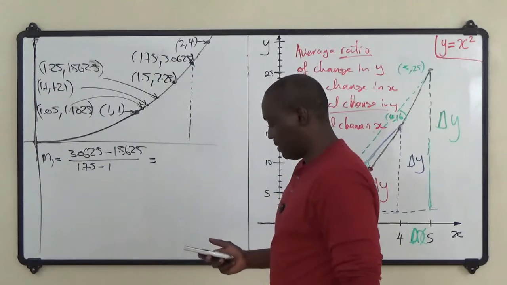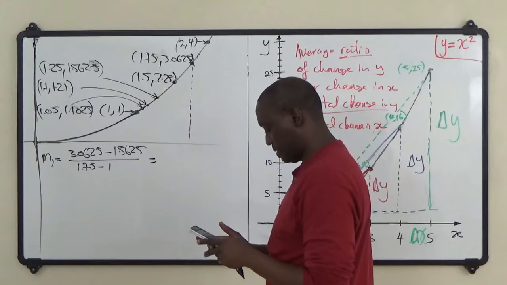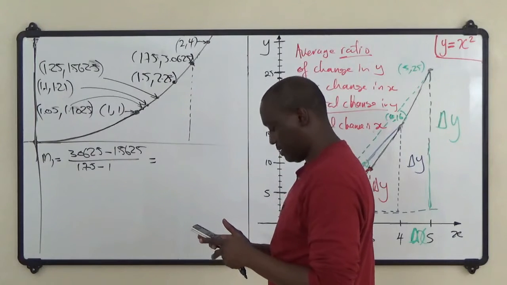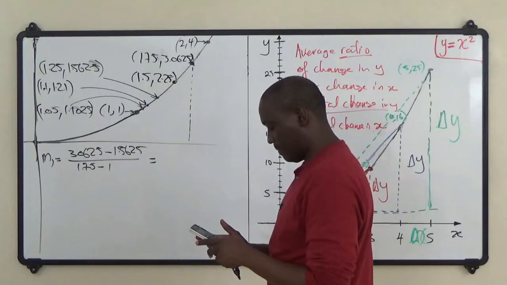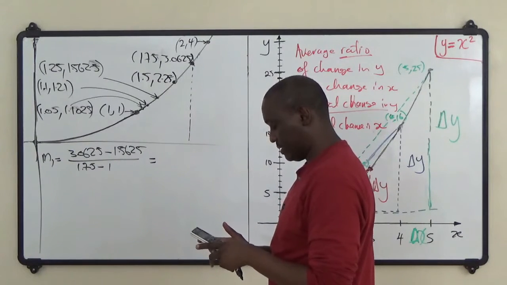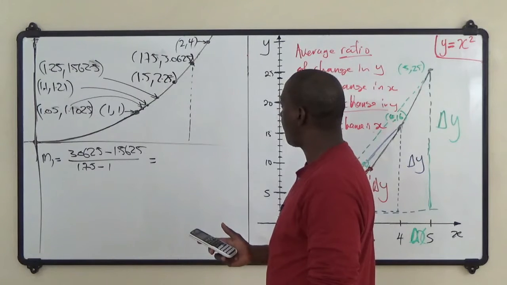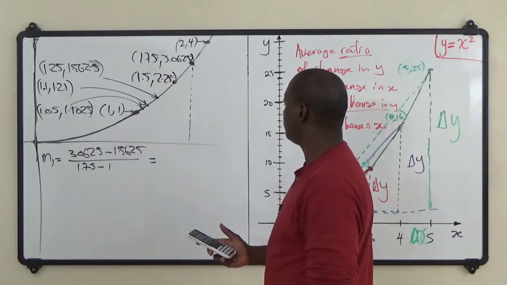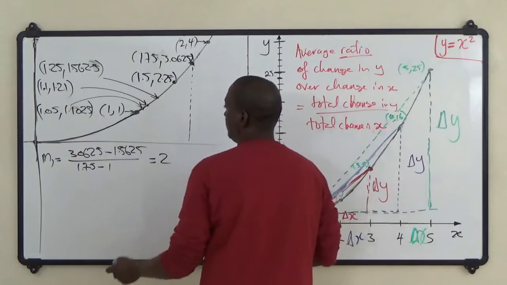I'm just working out everything in my head. 3.0625 minus 1.5625 divided by 1.75 minus 1 is equal to 2. Okay, so the gradient here is 2, right?